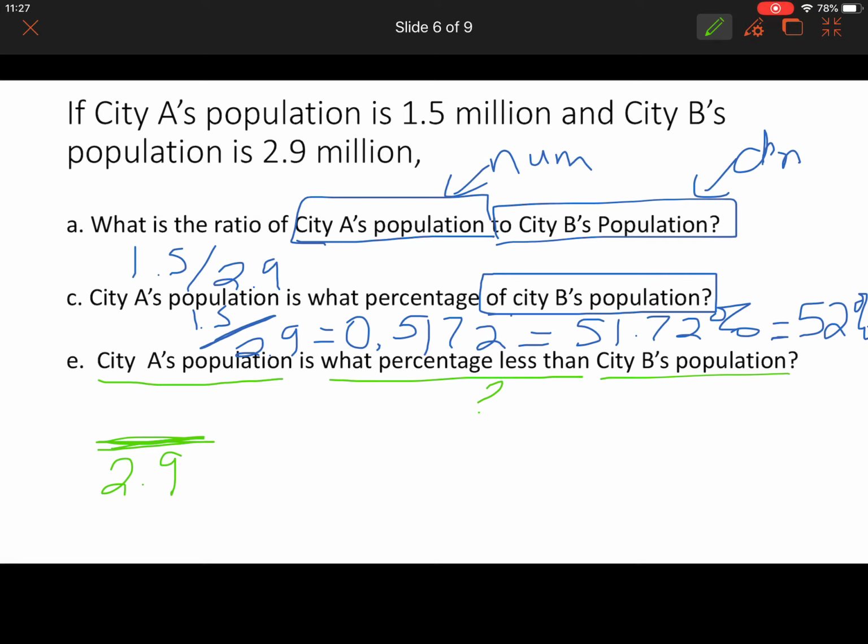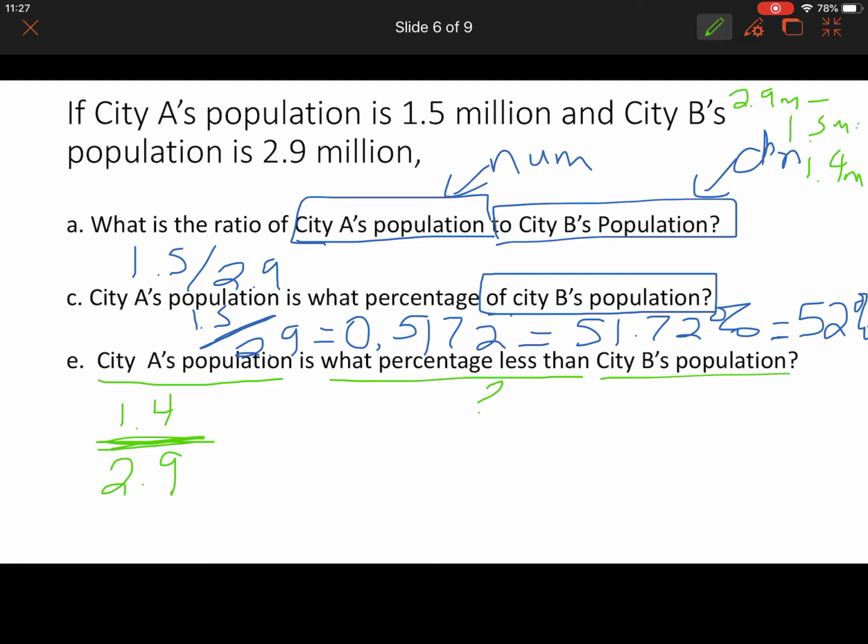We want to know how much less it is as a percentage. Well, how much less is 1.5 million from 2.9 million? If I subtract 2.9 million minus 1.5 million, I get 1.4 million. So what they're saying here is, what percentage less than, how much less in terms of that 2.9 is this 1.4 that we don't have?